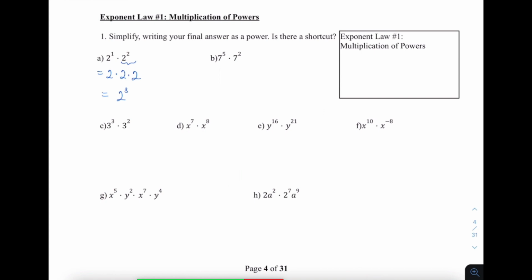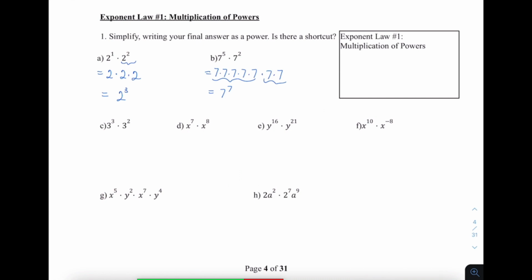Now, if you can imagine, for the next one, I could write 7 out 5 times, and again, twice, representing 7 to the exponent 5 and 7 to the exponent 2. But this can get pretty lengthy pretty quickly.